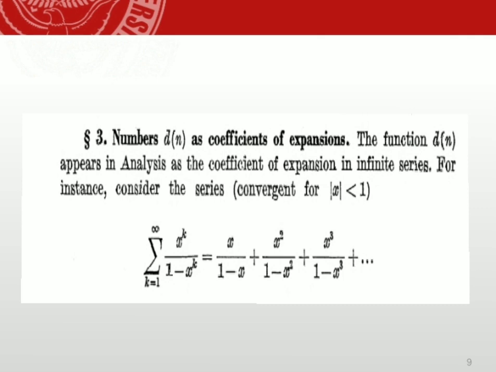Numbers d of n as coefficients of expansions. The function d of n appears in analysis as a coefficient of expansion in infinite series. For instance, consider the series convergent for x less than 1. We have the summation with the upper limit of infinity with the lower limit of k equals 1 of x raised to k over 1 minus x raised to k, equals x over 1 minus x plus x squared over 1 minus x squared plus x cubed over 1 minus x cubed plus dot dot dot.